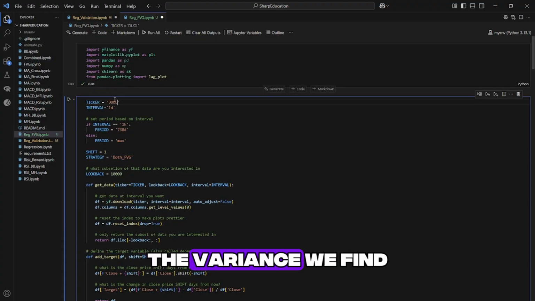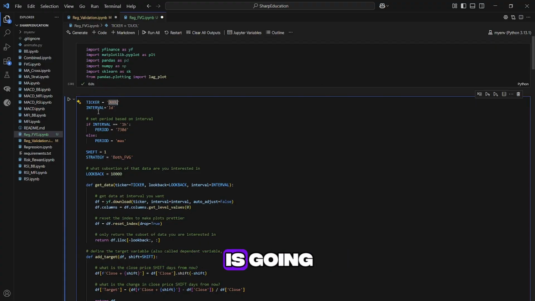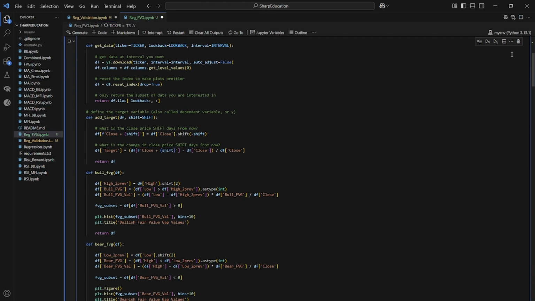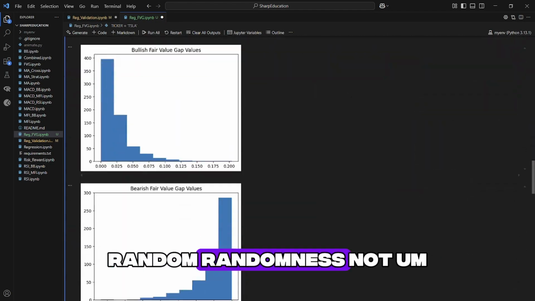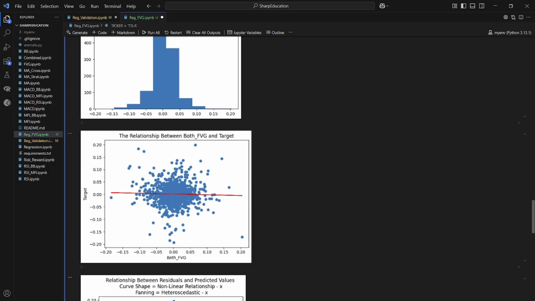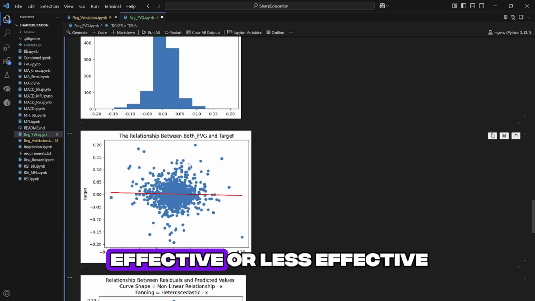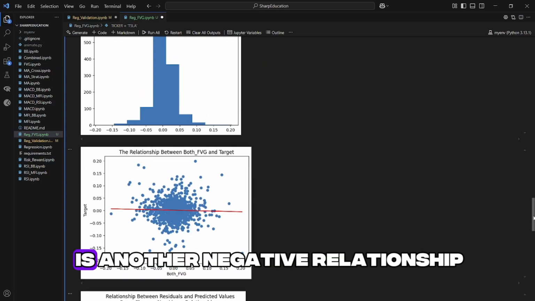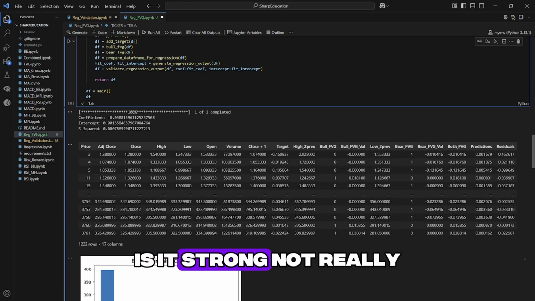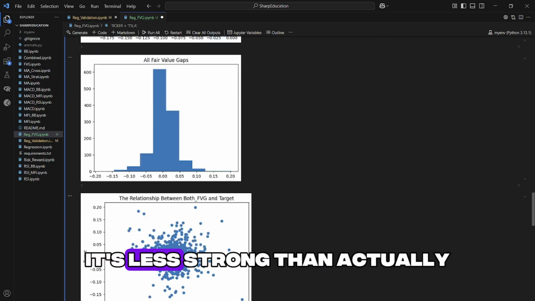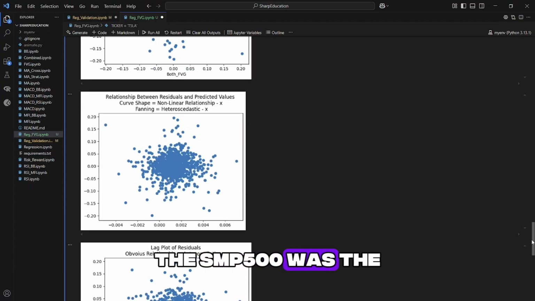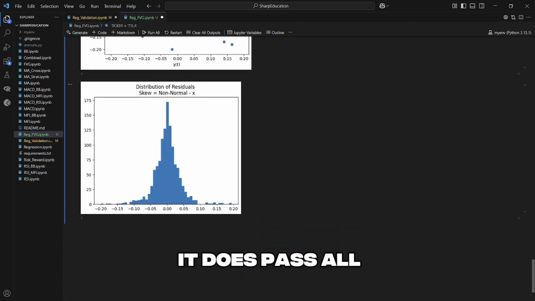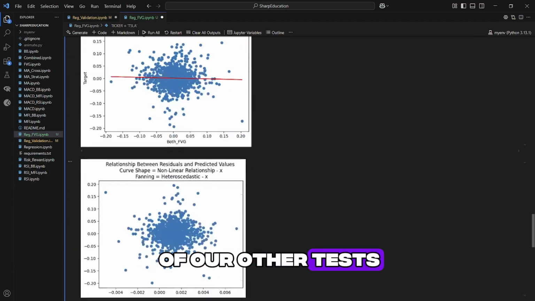I think the variance we find in the correlations here is going to be related to randomness, not tickers being more effective or less effective on this. So this is another negative relationship. Is it strong? Not really. It's less strong than the S&P 500, which was actually the strongest relationship we've seen so far. It does pass all of our other tests. Perfect.